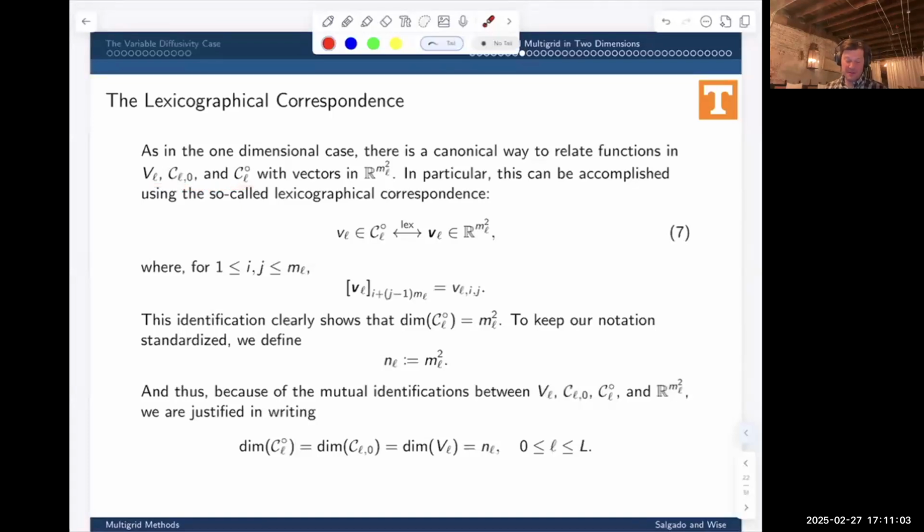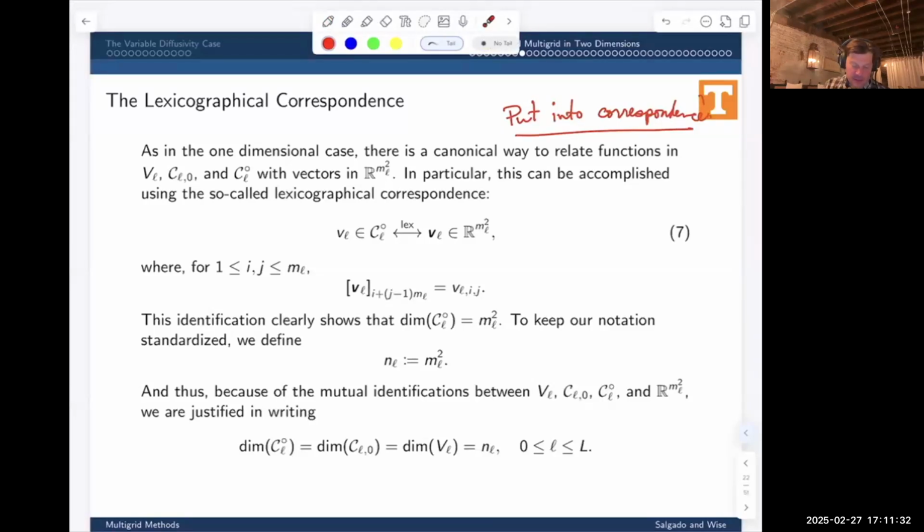They can be put into correspondence with each other.